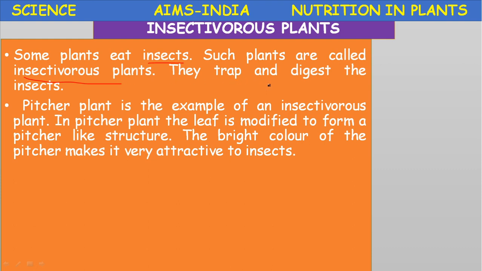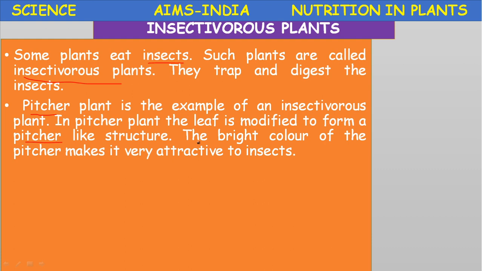They trap and digest the insects. Pitcher plant is the example of an insectivorous plant. In this plant, the leaf is modified to form a pitcher-like structure, a sac-like structure.